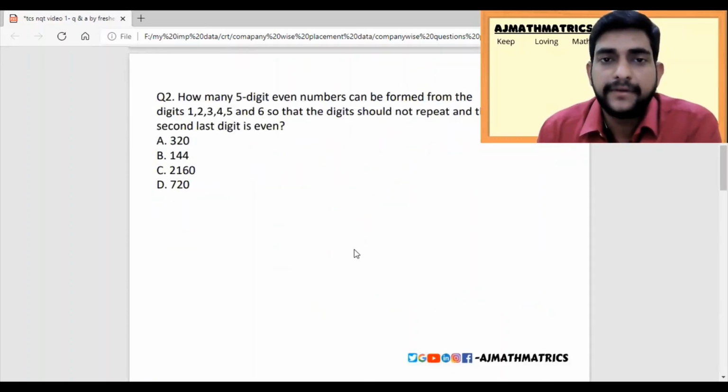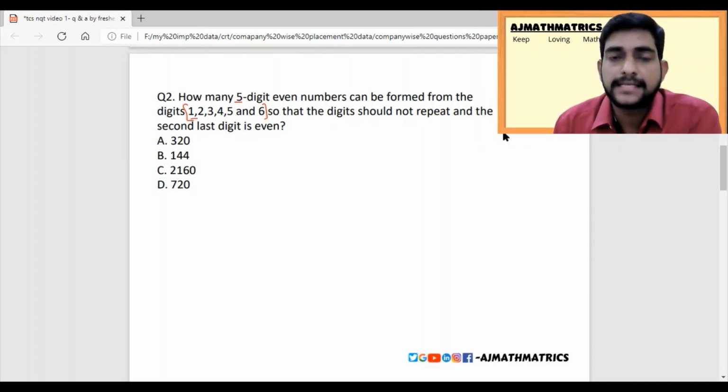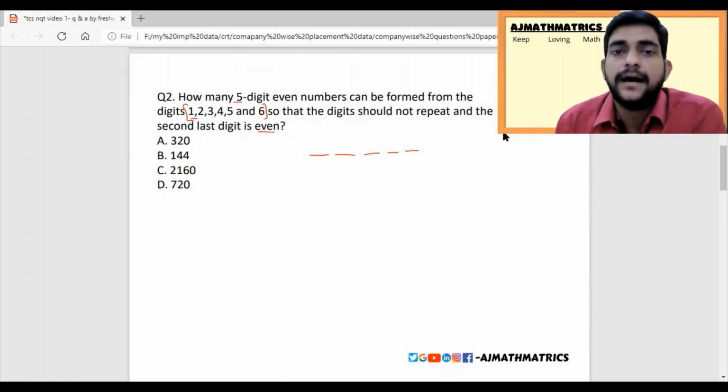How many 5-digit even numbers can be formed from the given numbers? The numbers 1 to 6 are given. Digits should not repeat. The second last digit is even. First, it is asking about 5-digit even numbers, so let's go with a simpler method: 5 digits I need to fill like this.